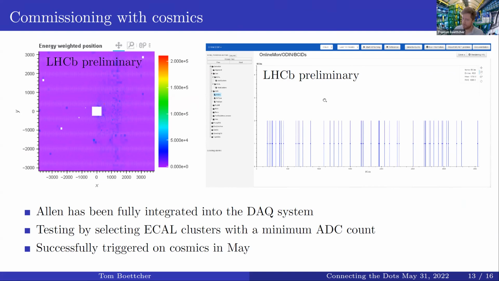So we randomly read out the detector at a rate of 1 megahertz, and we end up selecting Cosmics at a rate of a few kilohertz. And you can see that these selections are sort of randomly distributed across bunch crossing IDs, which is what you would expect for cosmic rays. So we've been successfully triggering on Cosmics, and we've had nice interplay between Allen and the ECAL.